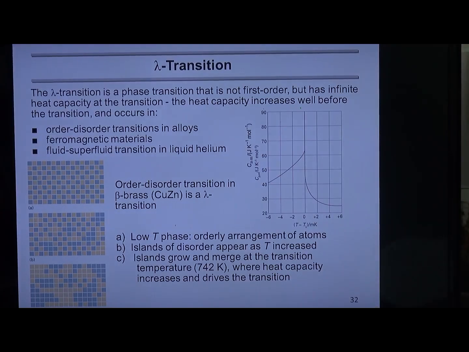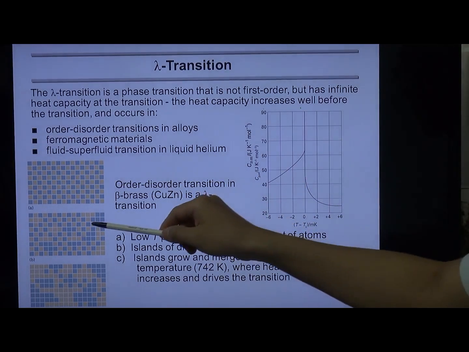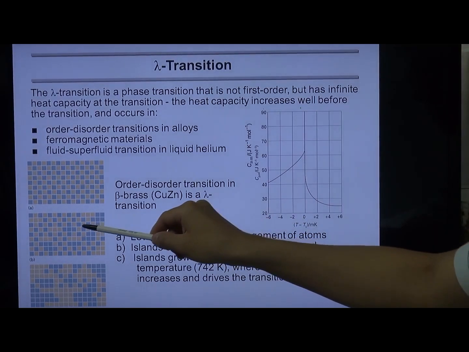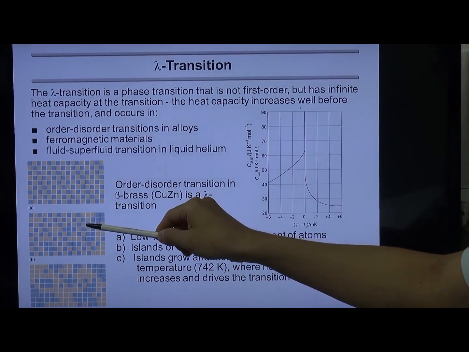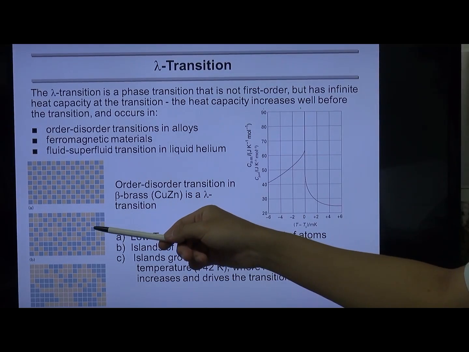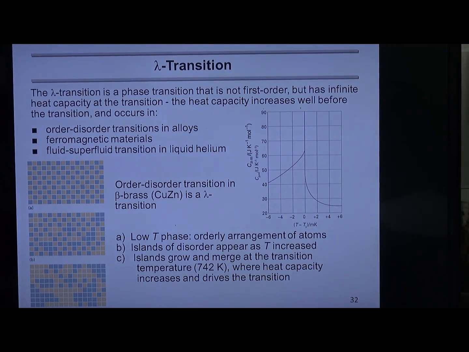Okay? And this transition occurs cooperatively. Okay? Once two different atoms change their positions with each other, it's much easier for them to exchange their locations.